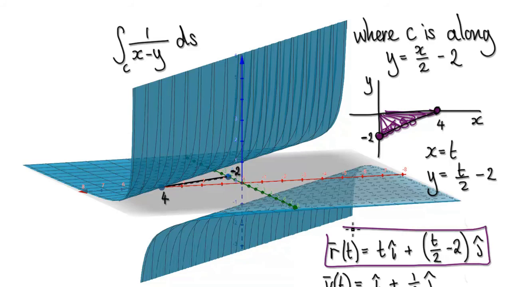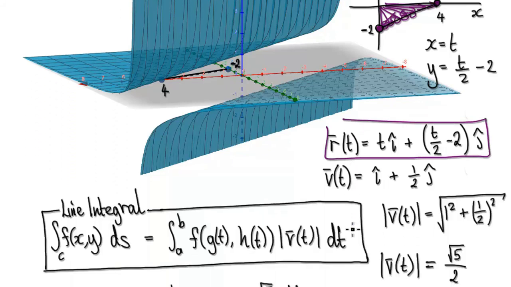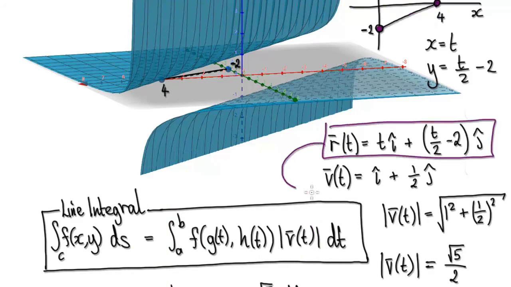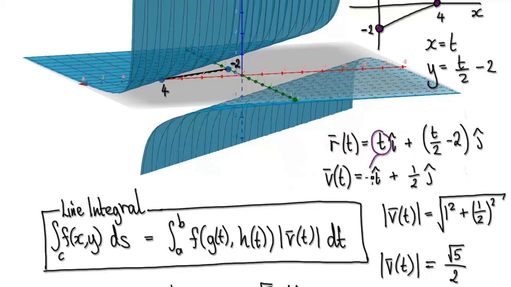In order to work out the line integral, you need to work out your speed. From your position vector, if you differentiate it, it will give you your velocity vector. If you differentiate t, it will be 1. If you differentiate this thing here, it will just be a half. So this is your velocity vector.